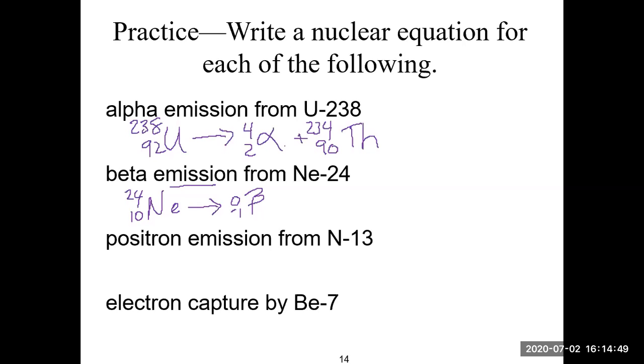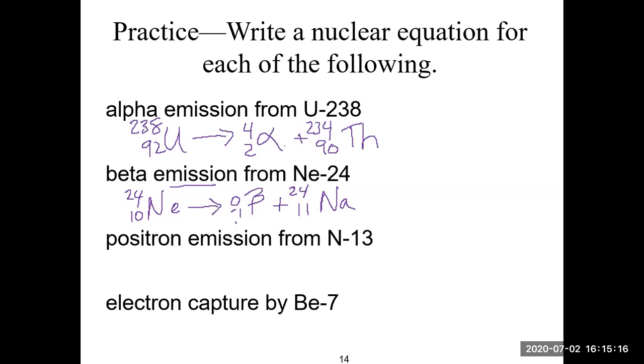Here we have 10 on the left, minus 1 on the right, which means we need to go up to 11. 11 minus 1 is 10. And number 11 is sodium. And 24 on the top, 24 on the left, and 24 and 0 is 24 on the right. That would be our balanced equation.